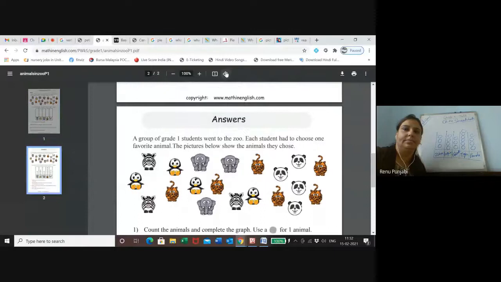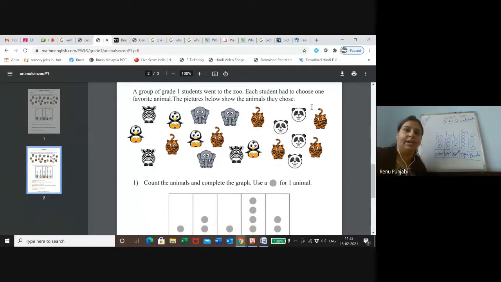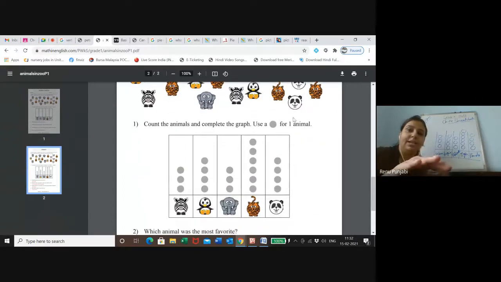Okay. Each student had to choose one favorite animal. You can read the line written here. So after choosing one favorite animal, can we give the answer for how many children were there?